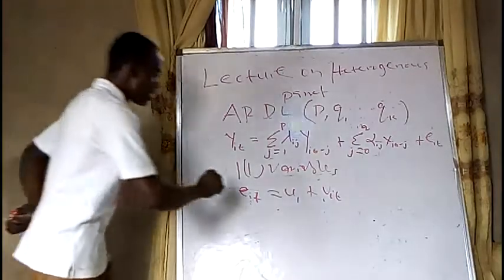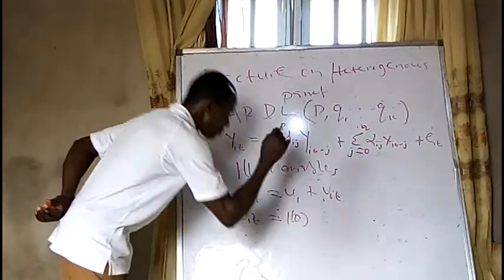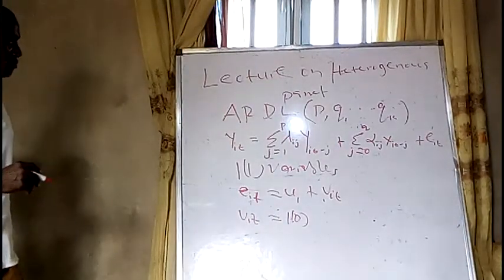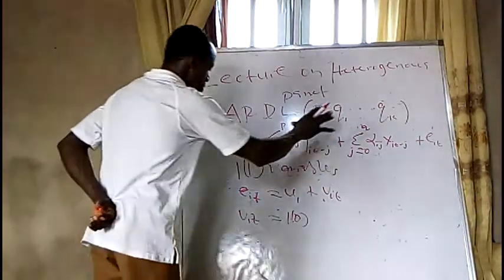So meaning that your v_it is I(0), which is the linear combination of all the variables of interest.